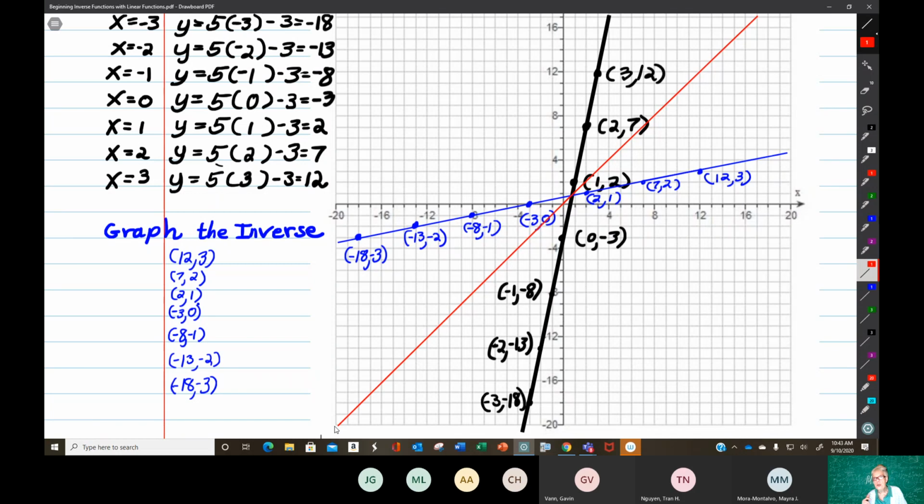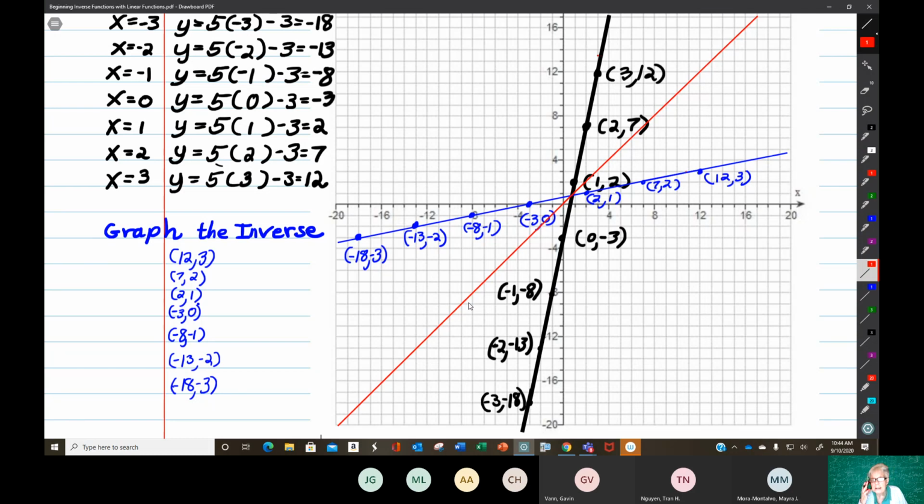Okay, notice that each of these lines, oh, no, that's not going to work. I have to hover over my tablet. This line right there and this line right here are what we call equidistant. They're equally distant from this line, from the red line. We call that mirroring.